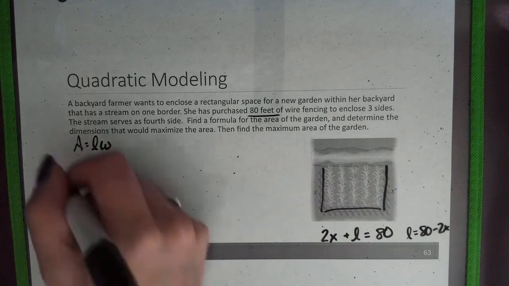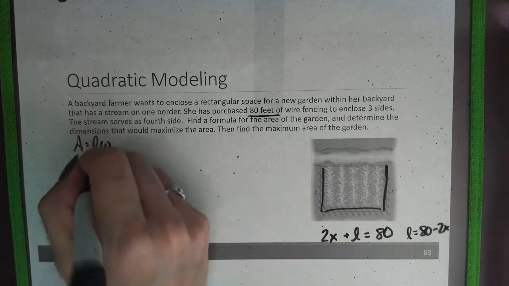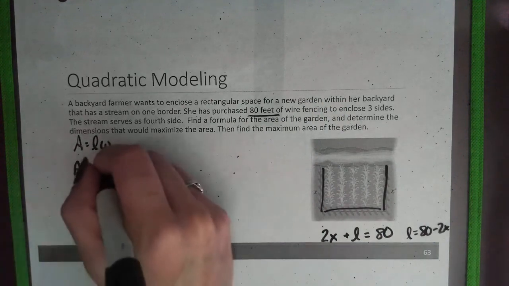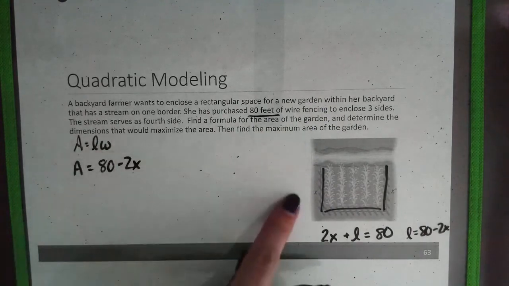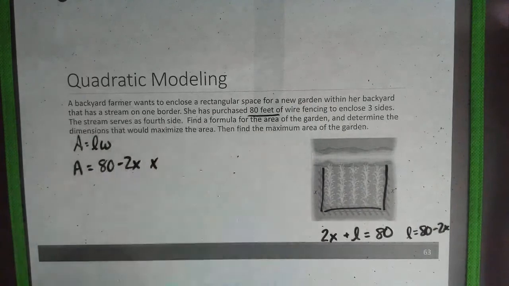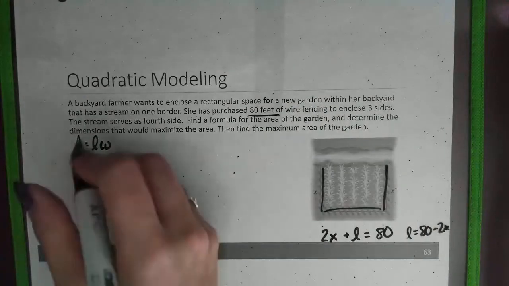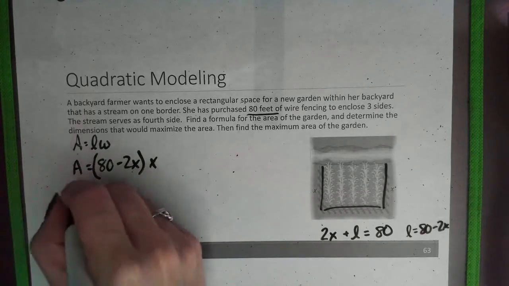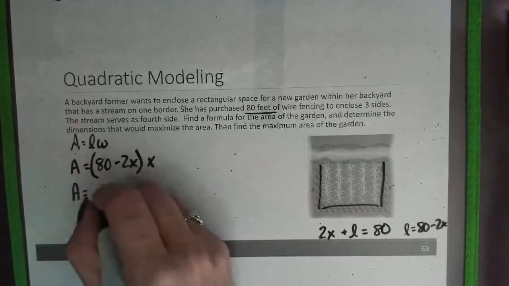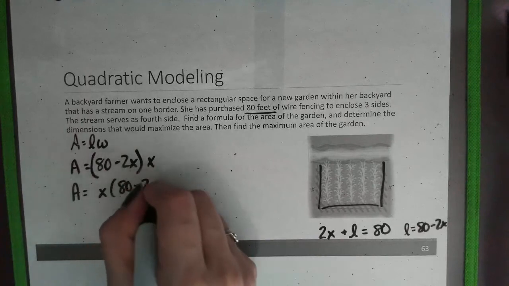So I'm now going to plug in the information I have. The area is equal to the length, which we said is 80 minus 2x, times the width, which we're using x. The problem is I need that x to be multiplied by the whole length, so I'm going to put it in parentheses. If you prefer, you can write it as x times 80 minus 2x.